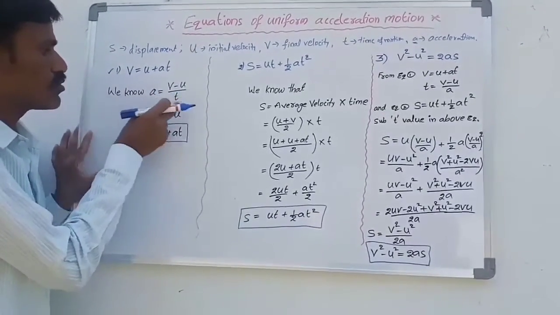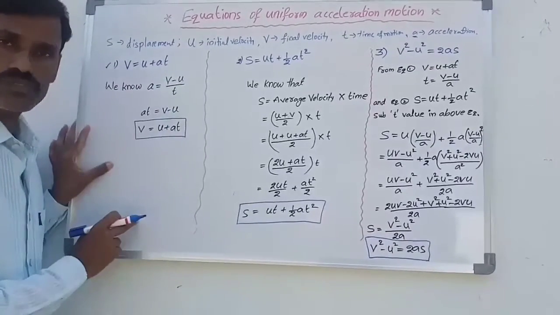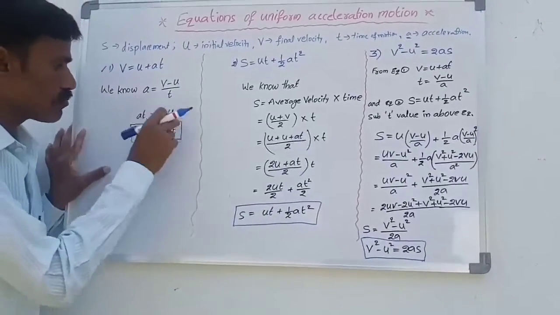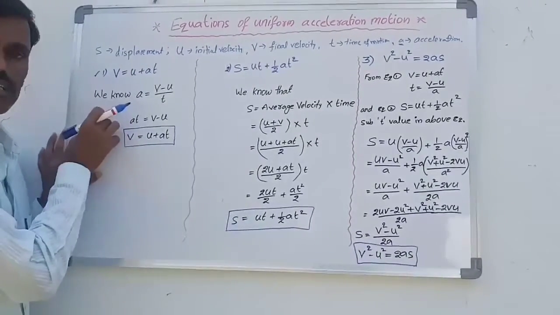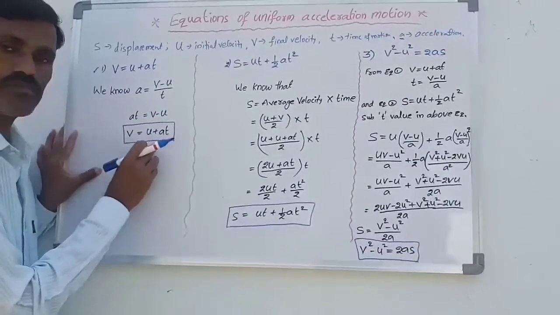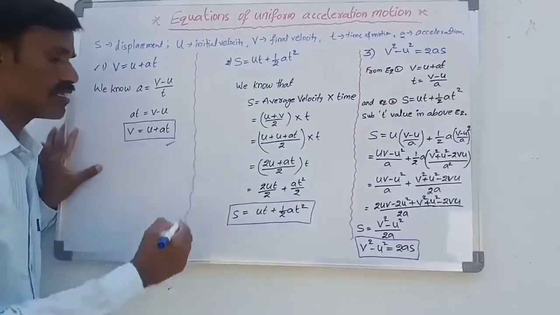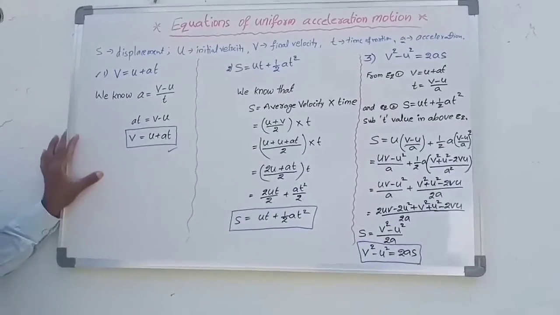If we move t to the LHS, at = v - u, and if we take minus u to the other side, v = u + at. So this is equation 1, the first equation of motion, v = u + at.